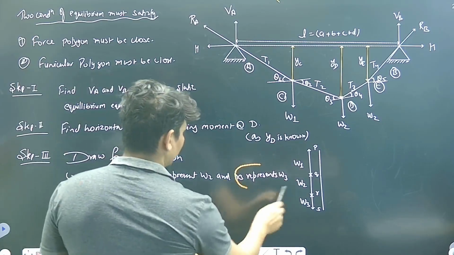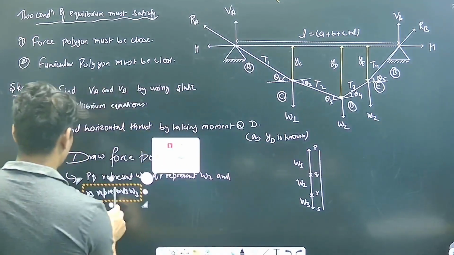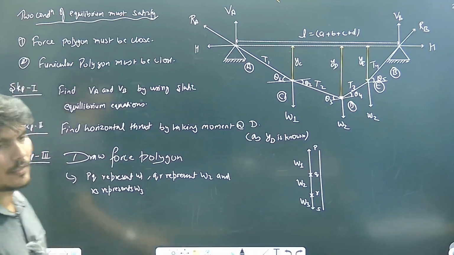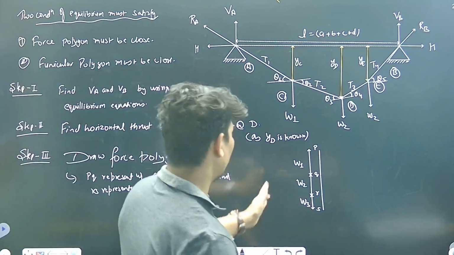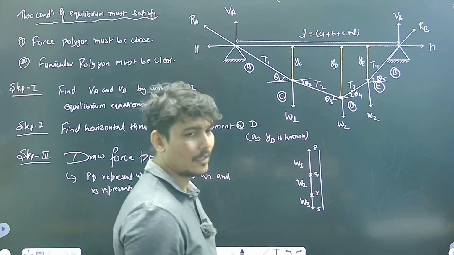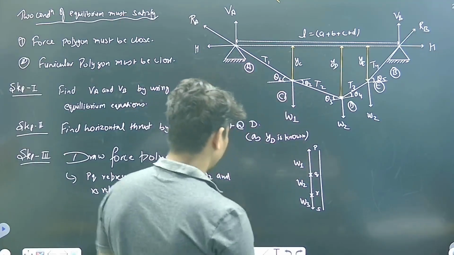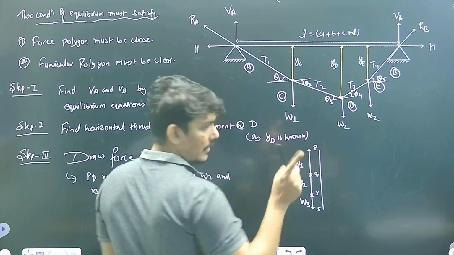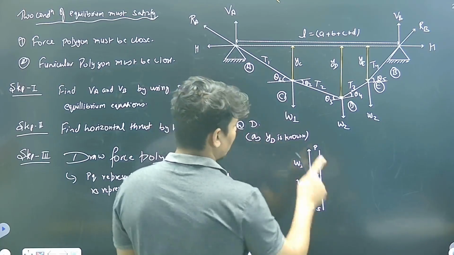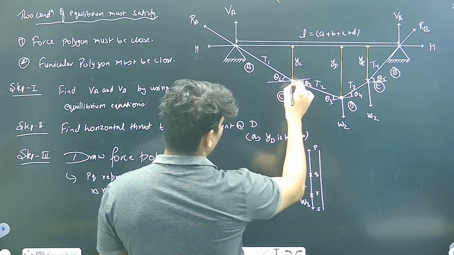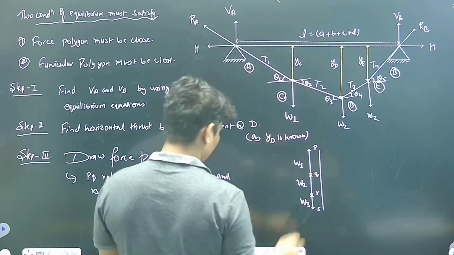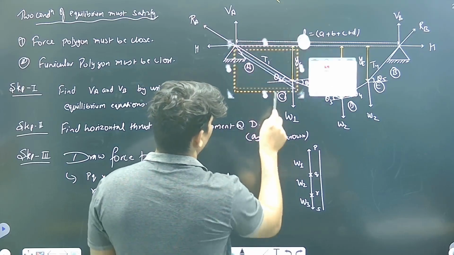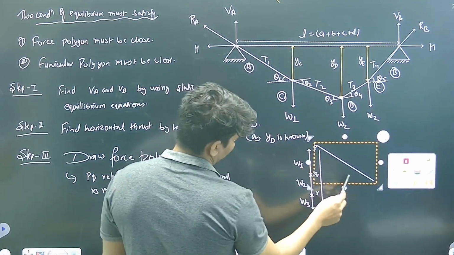So I will write it here. Okay. The first task is done. You have plotted W1, W2, W3. Now their corresponding tensions. I taught you how to make a vector diagram in mechanics. The same rule is to be applied. W1 is meeting with tension 1. So the force polygon goes like this. I am taking the same direction.